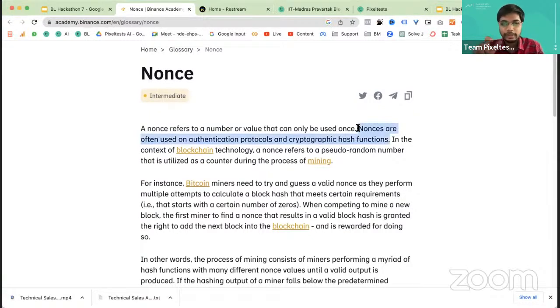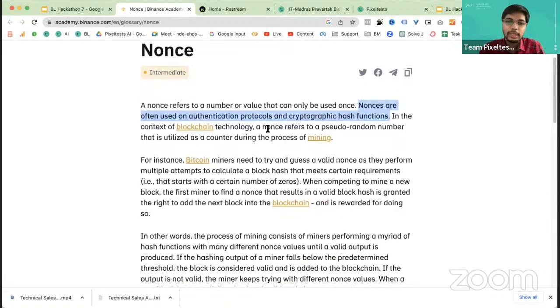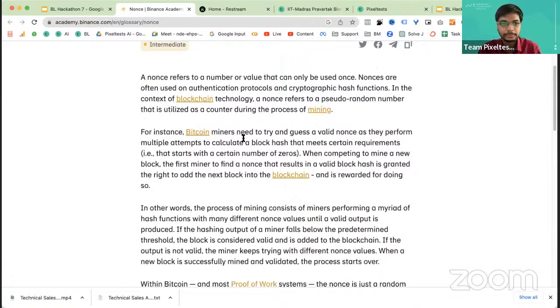That is also being used by our consensus protocol on Bitcoin. In the context of blockchain technology, a nonce refers to a pseudo random number, so it's going to be random, that is utilized as a counter during the process of mining. It is the count of the attempts that we have discussed.